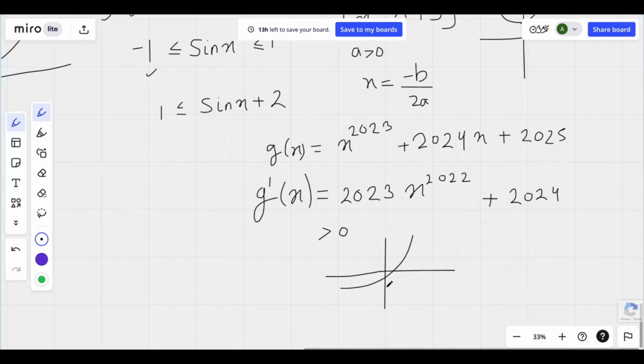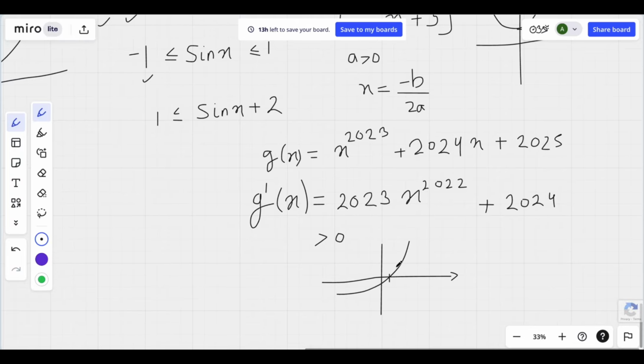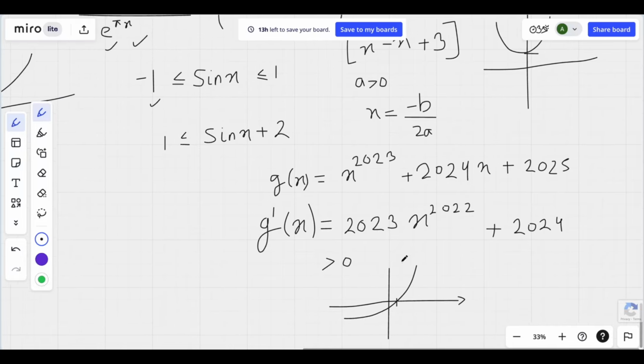Since the derivative is always positive, it is a strictly increasing function. So there might be one possible solution. It can cut the x-axis at most one time. So let's find that value if we can.